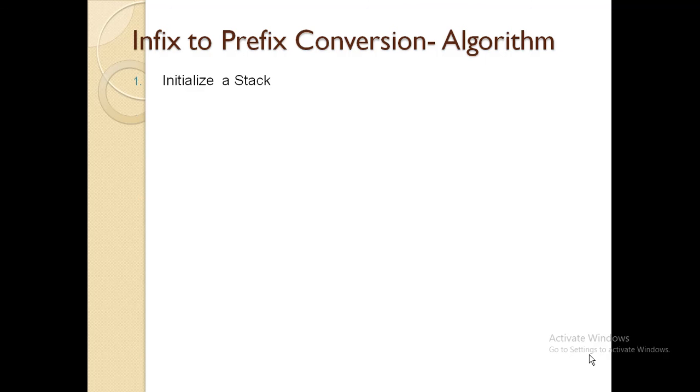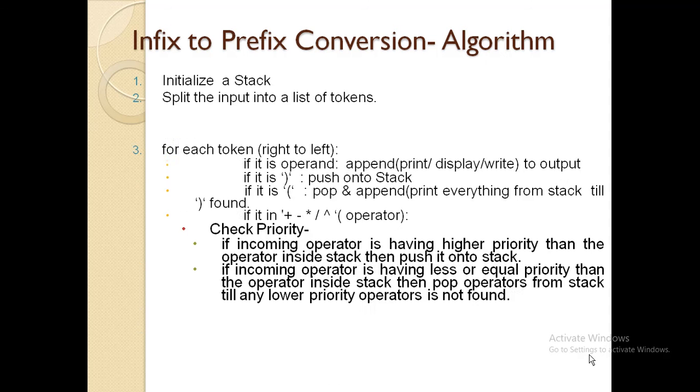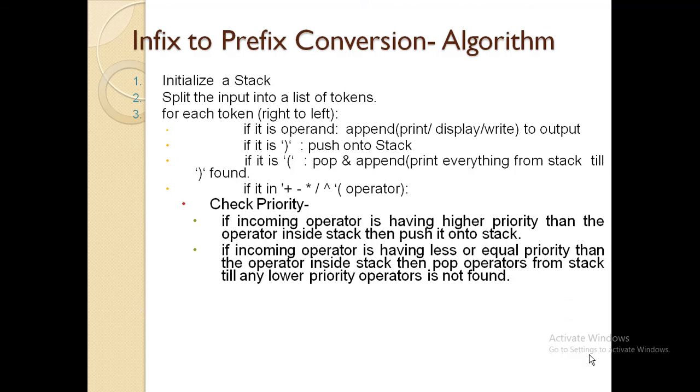The algorithm says that first of all, create a stack which holds the operators. After that, split the input expression into tokens. Then scan the expression from right to left. If it is an operand, print the operand directly onto the output string.